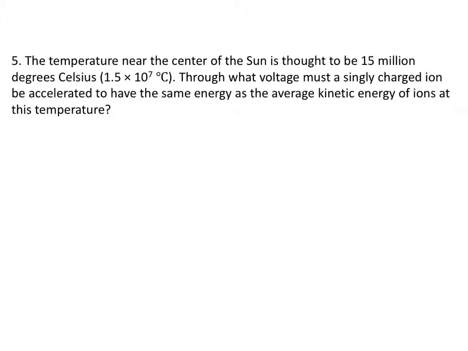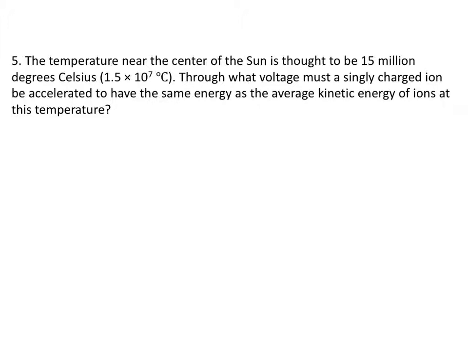All right, number 5. Temperature near the center of the sun is thought to be 15 million degrees Celsius. By the way, the sun keeps giving us surprises. It doesn't always do things that we think it should, but it's not like we have a lot of places on Earth where we can test such a wild configuration of such huge amounts of hydrogen and electric and magnetic fields.